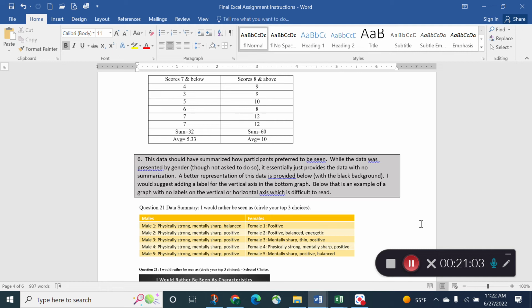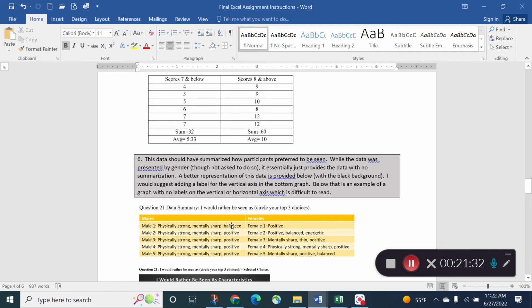And then the other thing that's sort of bad about this is it doesn't really summarize anything. I mean, it gives the answers that everyone said, but if I wanted to say, well, X number of people out of my 10 wanted to be seen as physically strong, I still have to go in and say 1, 2, 3, 4, 5, 6. So 6 people did that. How many people wanted to be seen as balanced?